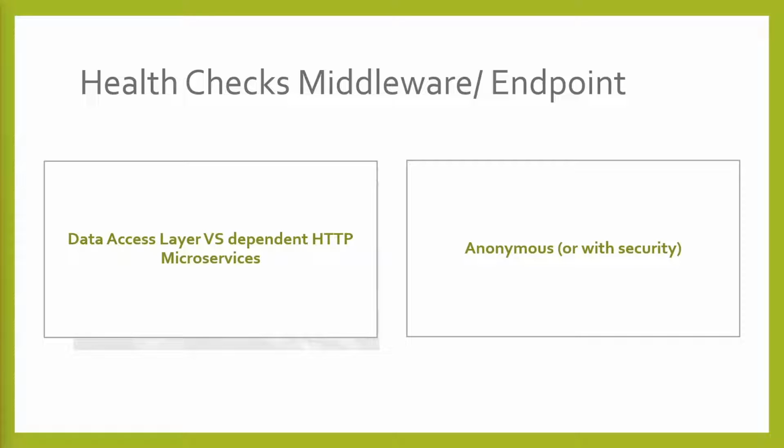Taking advantage of that, we can set our endpoints to be anonymous from the perspective of doing the health check. And so that's one option of configuring our health check endpoints.